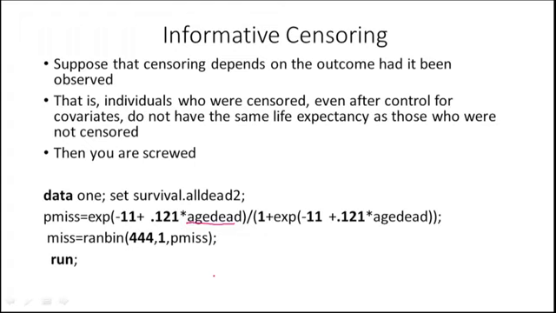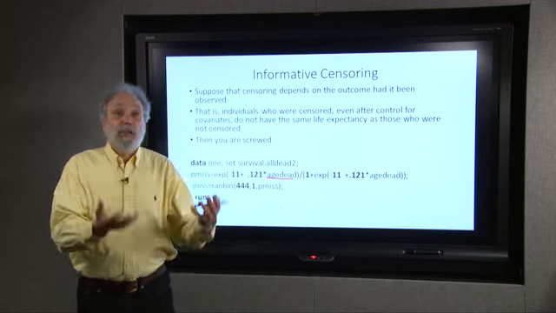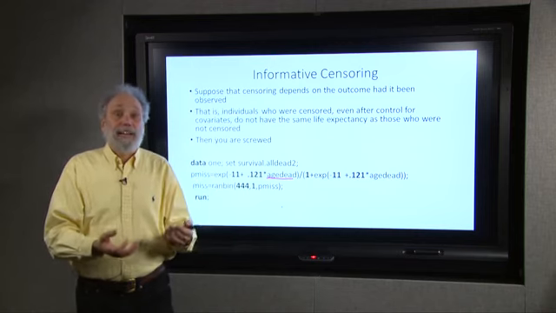Why? Because I'm pretty sure that the age at which people died depends on variables that I didn't put in my regression analysis, in addition to the variables that I did put in my regression analysis. And so this is a way to capture that scenario.